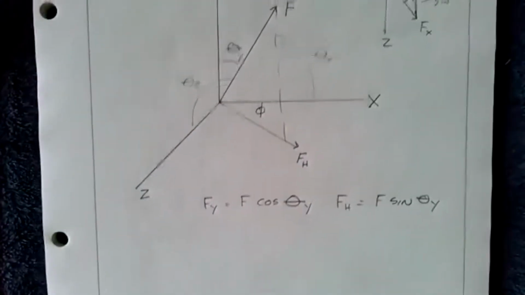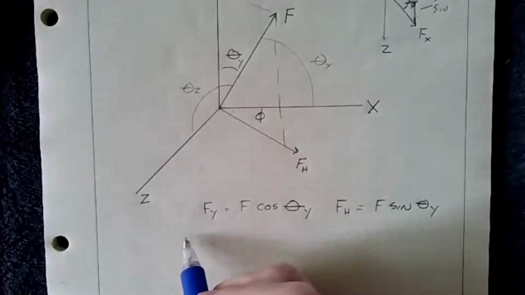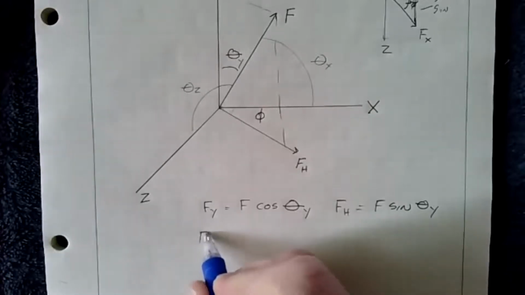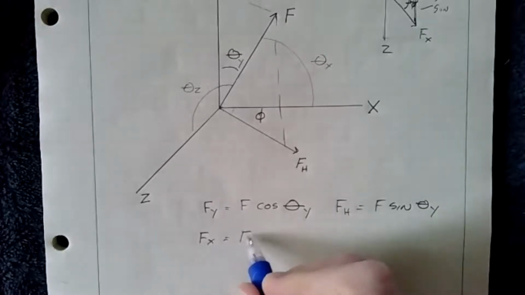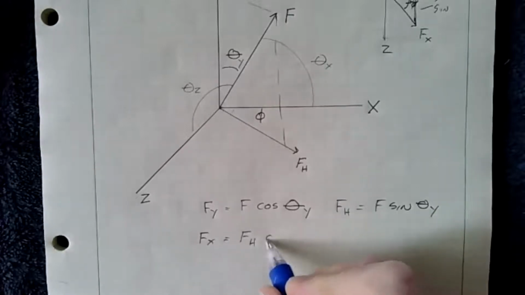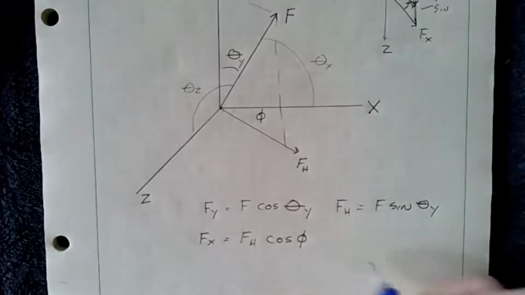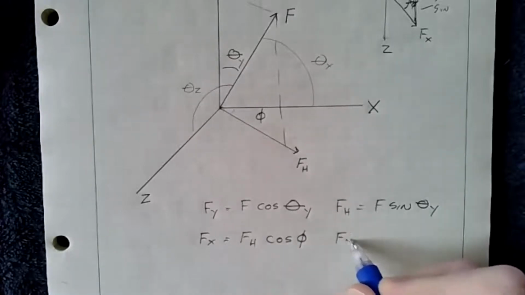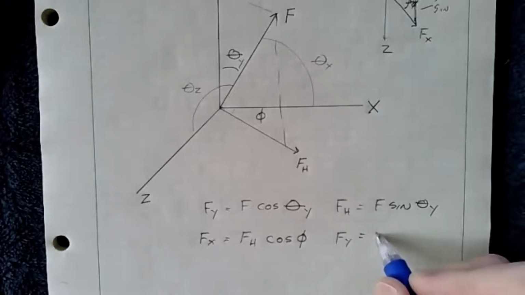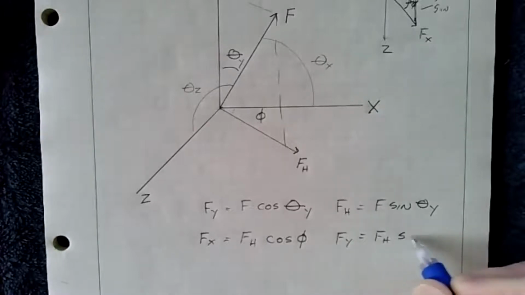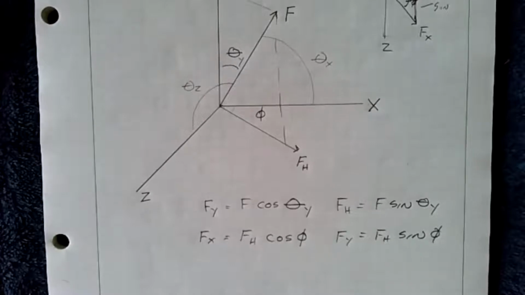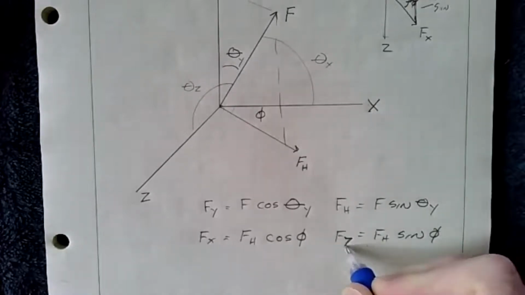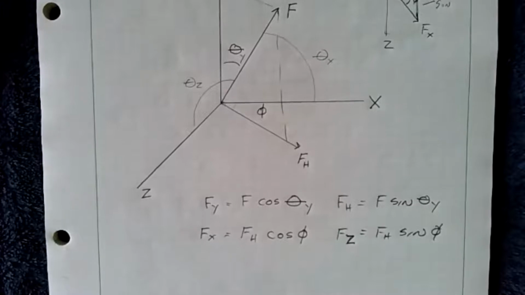So what we can do then is say Fx is equal to FH cosine phi, and Fz is equal to FH sine of phi. Sorry, not Fy, Fz, I apologize. And so as a result, now we have Fy, Fx, Fz.